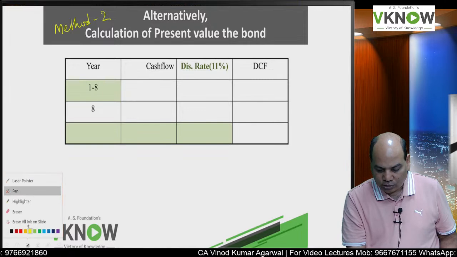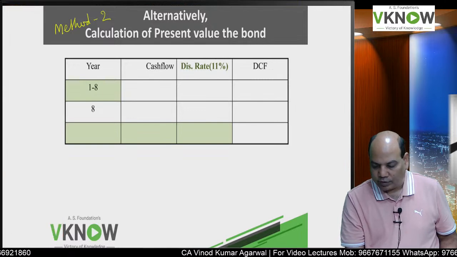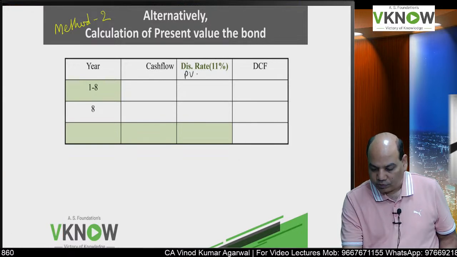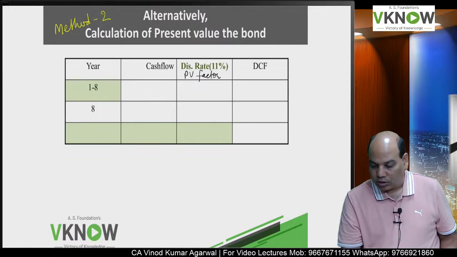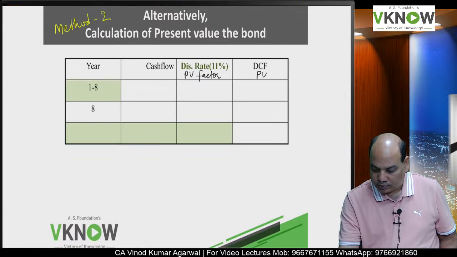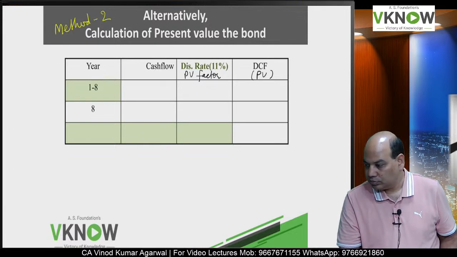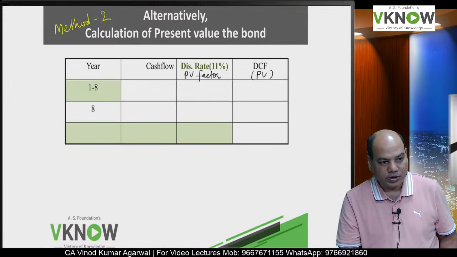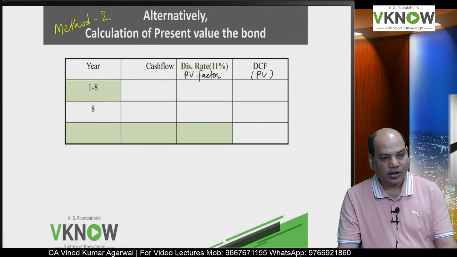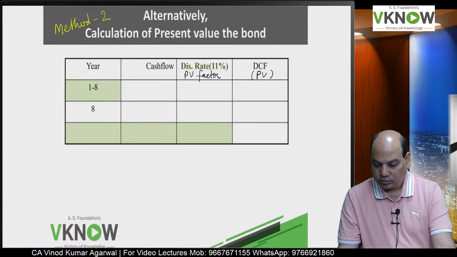Calculation of present value, or you can say intrinsic value of the bond. So we have to calculate present value at 11%. Write down year, cash flow, PV factor at 11%, and last column PV.